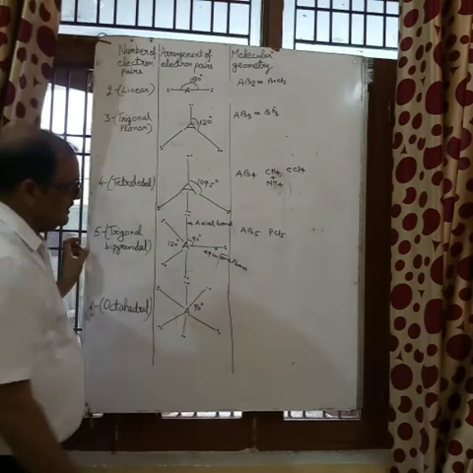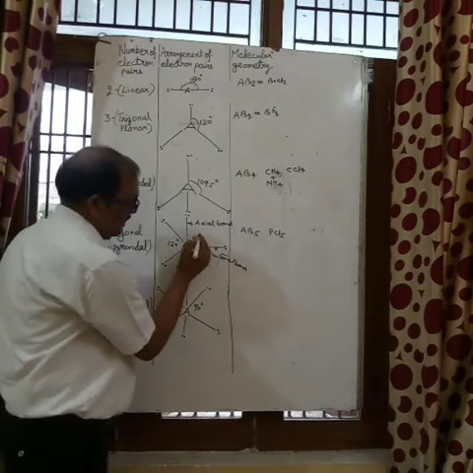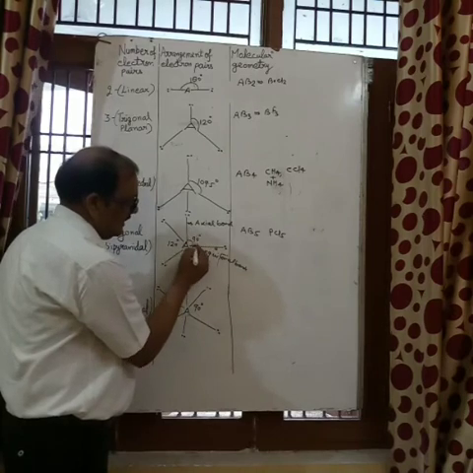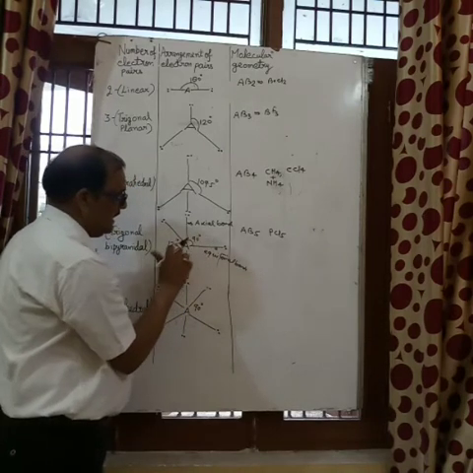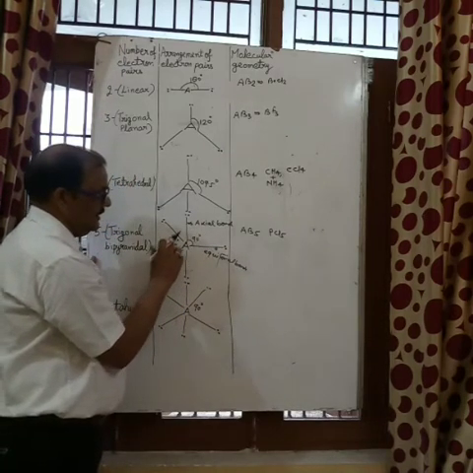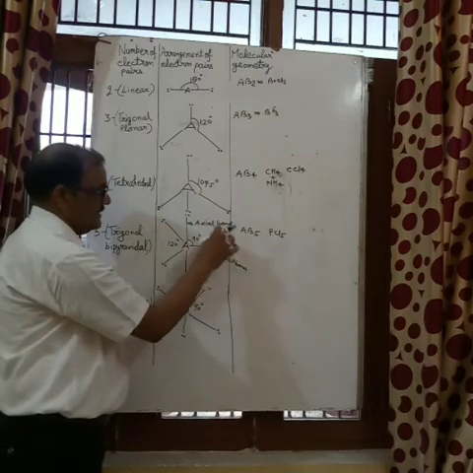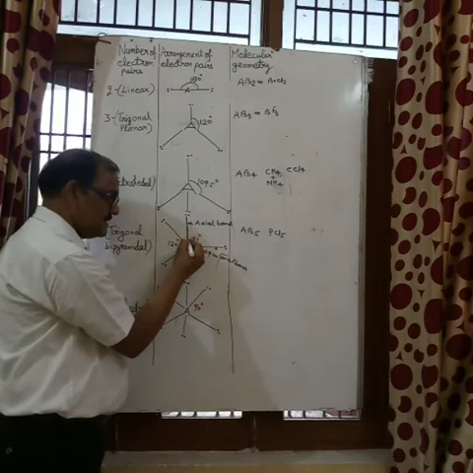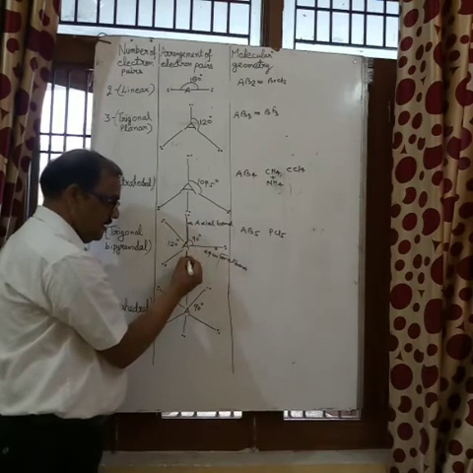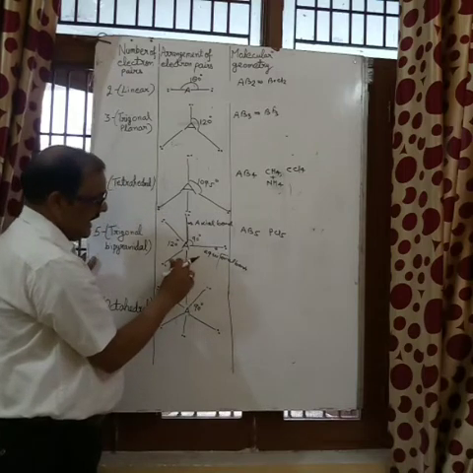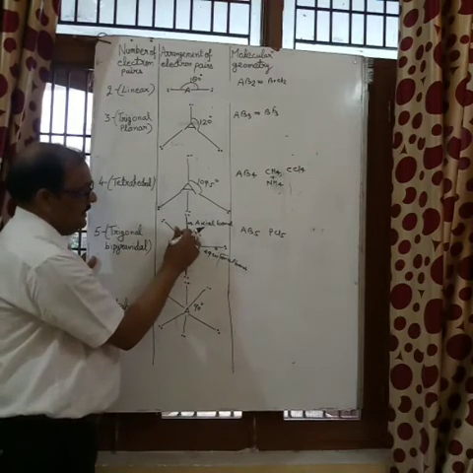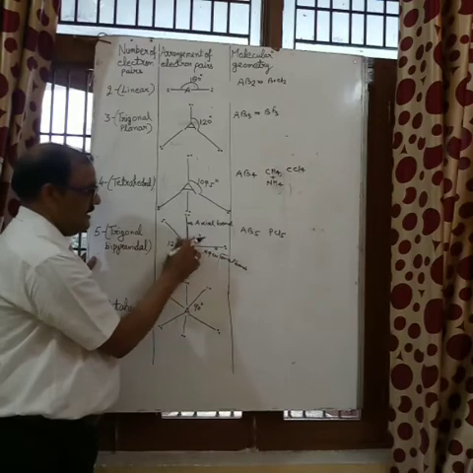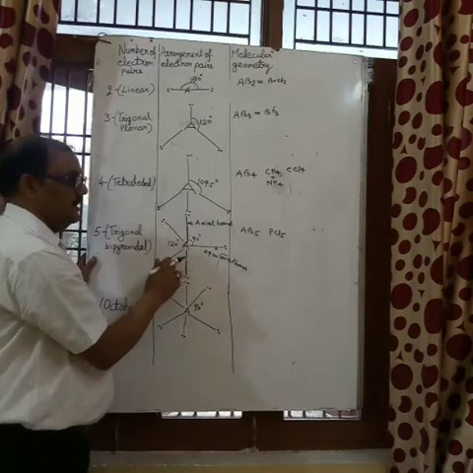The axial bonds, because of the 90-degree bond angle, have a smaller bond angle compared to 120, so there is maximum repulsion. Therefore, this bond length is comparatively longer as well as weaker than the equatorial bond.